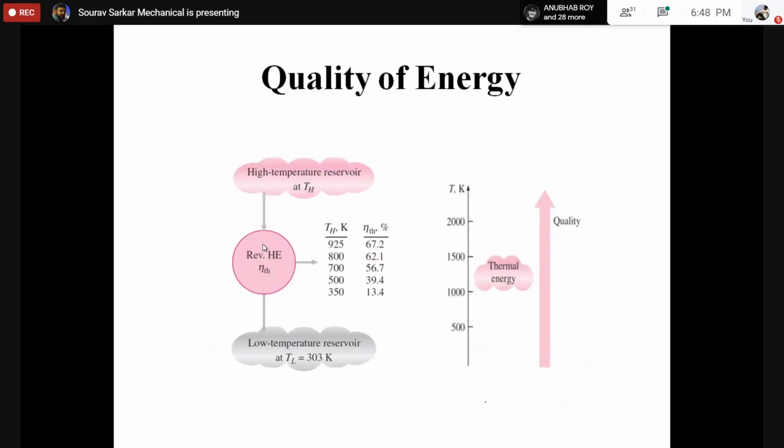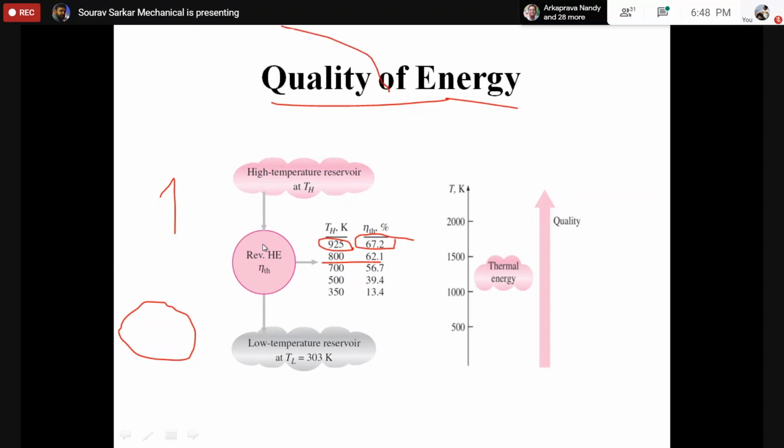Okay, so based on that we have defined the quality of the energy. We find that the temperature of the source is extremely important, because as the temperature of the source increases, simultaneously the efficiency increases. So it is not about how much quantity of heat, it's all about the quality of the heat.